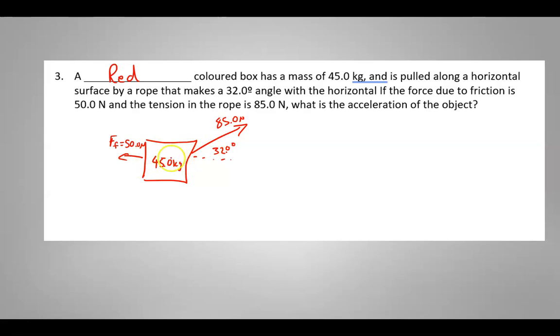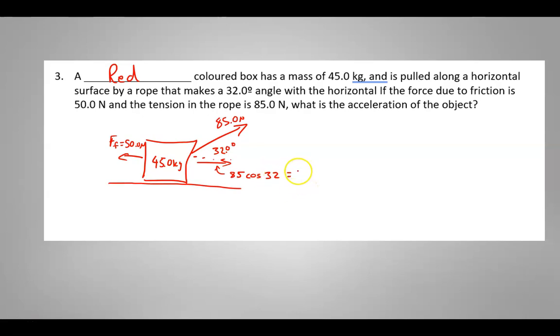Nice red box here. So we can find the two forces here because we know it's not leaping off the surface or falling into the surface. It's moving along, so we really just need to worry about what's happening in that horizontal direction. And so to find this side here, that's 85 cos 32.